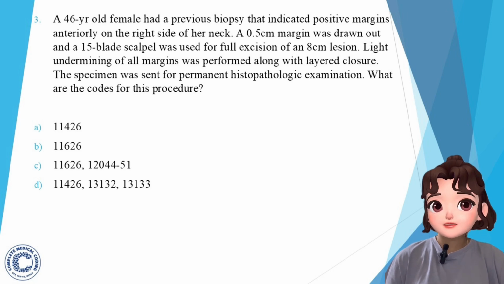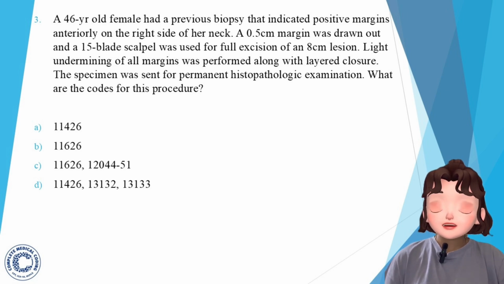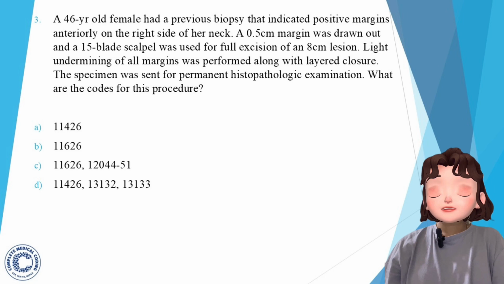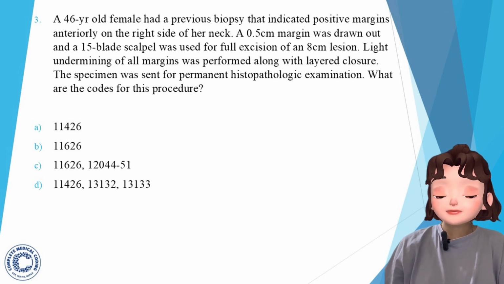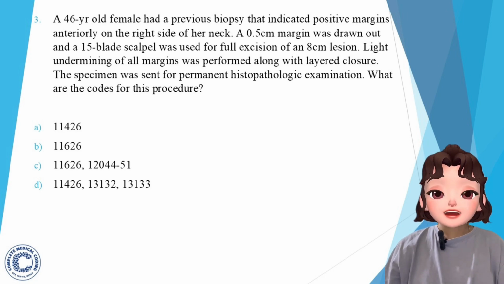Let's check what that code is. 12044 is repair of intermediate wounds of neck, hands, feet, or external genitalia, 7.6 centimeter to 12.5 centimeter. This is the same 8 centimeter. But what is this procedure? 12044. Repair of intermediate wound.